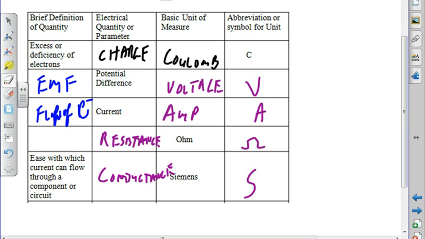Wrong one. Yeah, resistance current flow. What is that? I don't know. What is it? Resistance current flow?